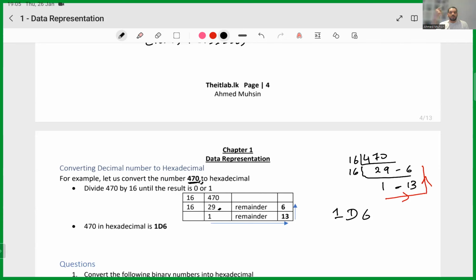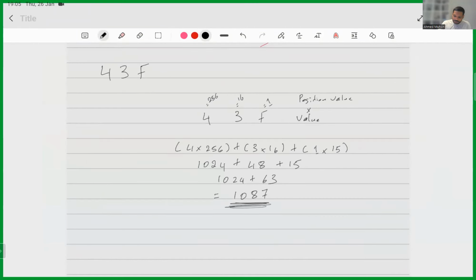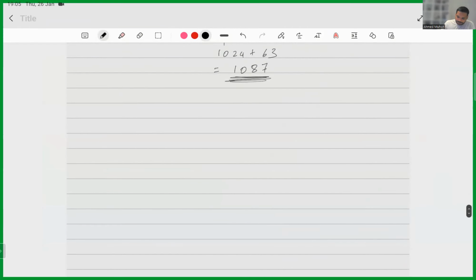Okay, let's do one more question. Let's take another number, for example 2,350. We want to convert this decimal number into hexadecimal.